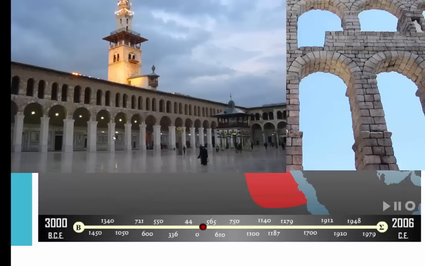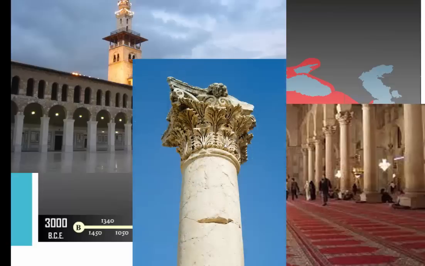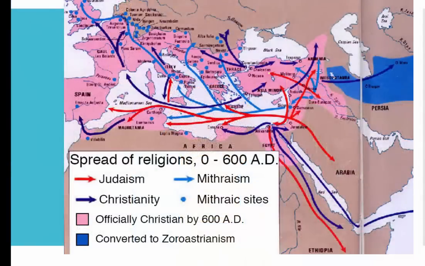And you can see immediately that the design of the repeating arches has been borrowed from the Romans. And you can see in this photograph that the interior of the mosque has borrowed the Corinthian column design from the ancient Romans. So although the ancient Roman Empire has long gone, its cultural influence is very much embedded in the Middle East today.